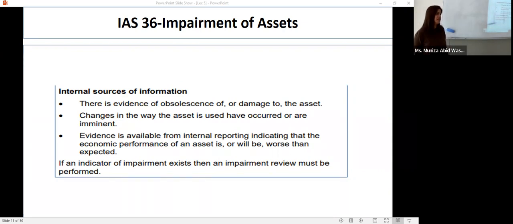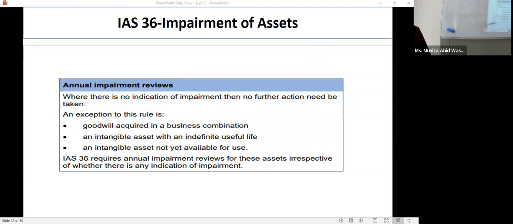If there is any indicator present which is telling you that the recoverable amount of the asset might be lesser than the carrying value, you are going to conduct that impairment review, and then you are going to do the calculations and report the impairment. In the last line, they are telling us: if an indicator of impairment exists, then an impairment review must be performed. Only if you analyze that any of the indicators of impairment is present, then you will start doing the calculations.